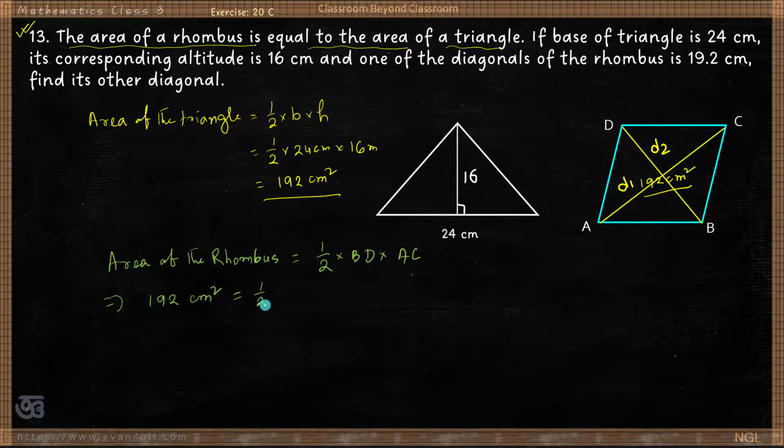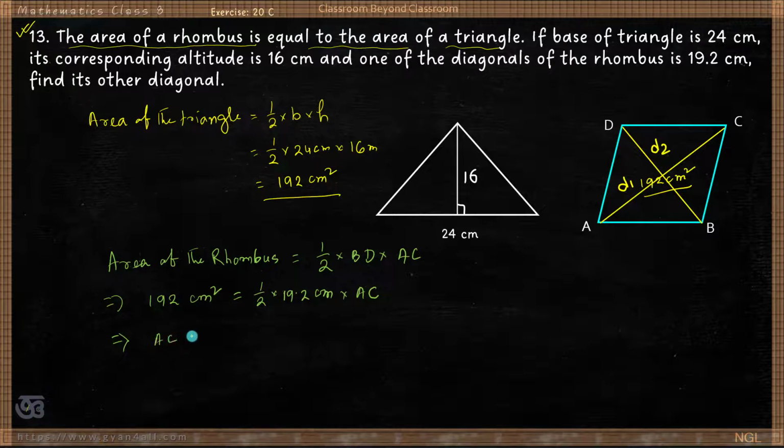So half of BD, suppose one of the diagonals, that means BD is equal to 19.2 centimeter, multiplied by AC, the other diagonal, which we have to find out.